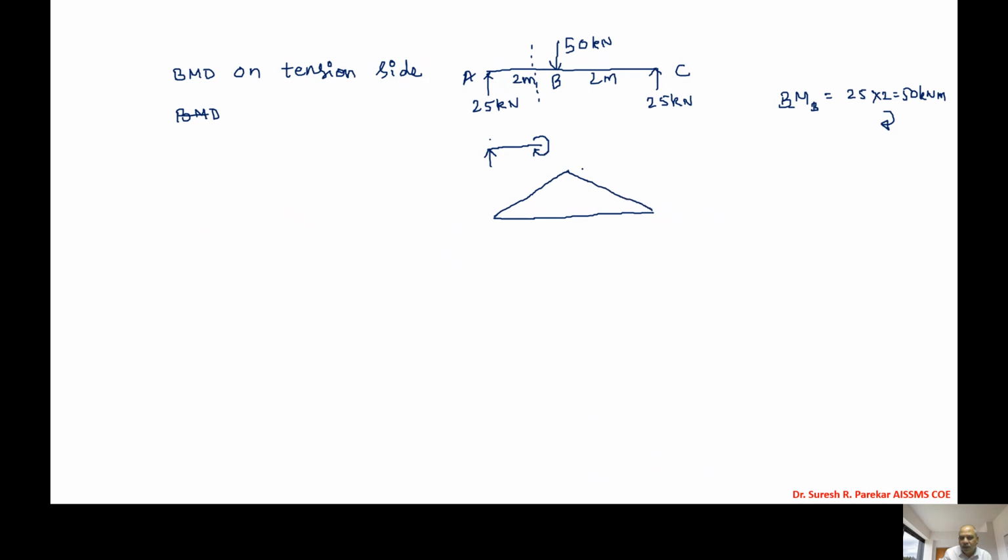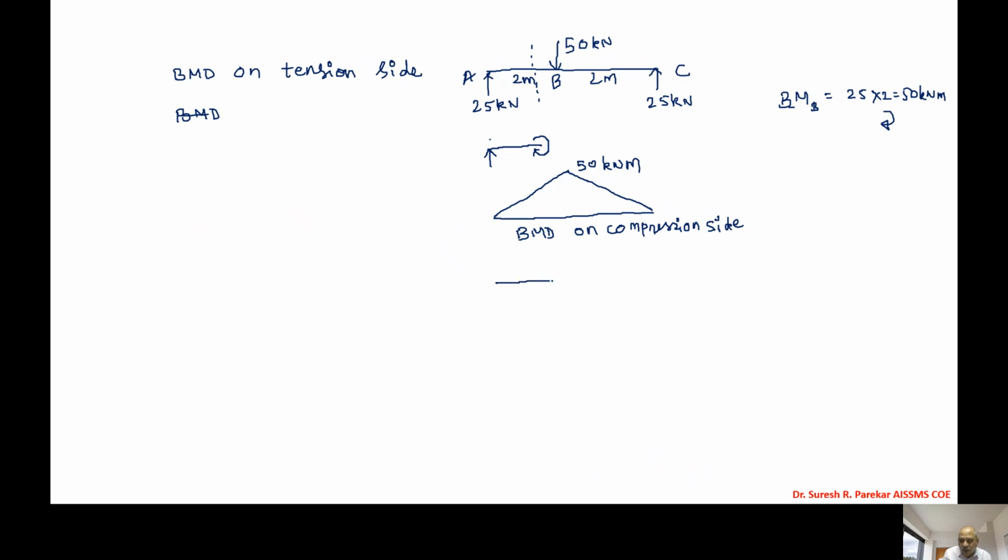Now this BMD is on compression side. The bending moment diagram which you plot by using moment is known as BMD on compression side.